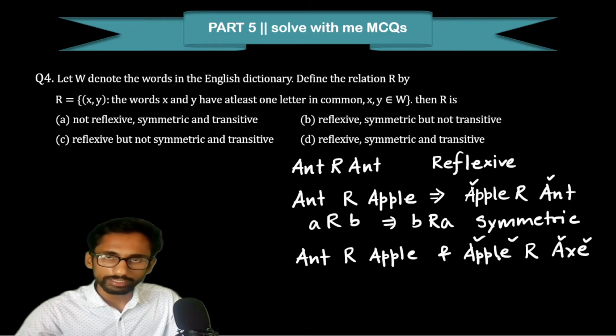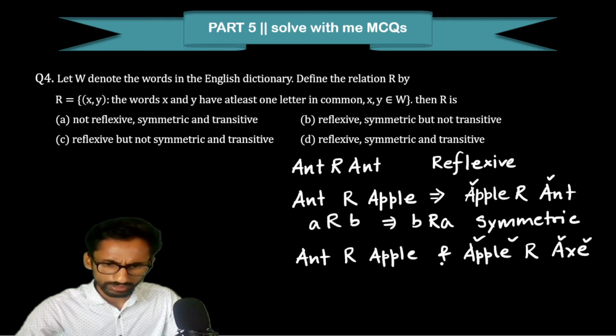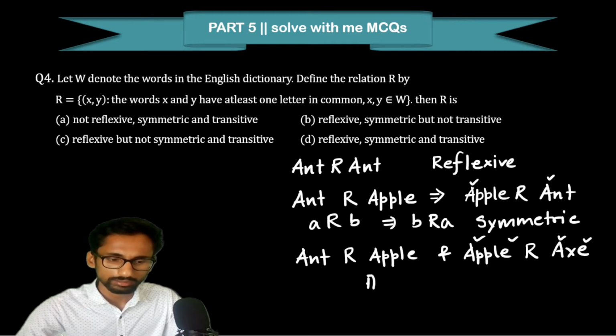So both of them satisfy the definition of the given relation. Now can we conclude that ant is also related to X? And yes, we can conclude that because A is common there.